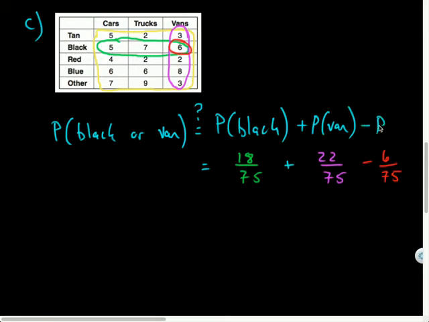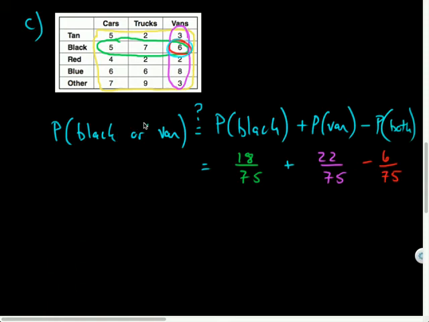So how would you describe this overlap? That's the number of ways that are what? Well, in terms of our words here, right? That would be the probability of both black and van at the same time. Where I was specifically looking for either.